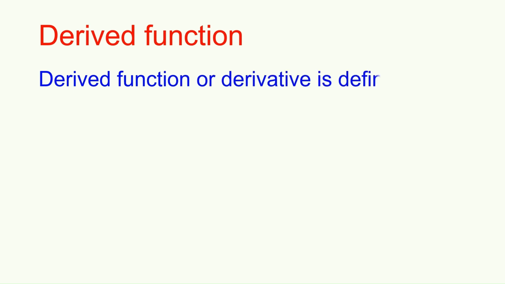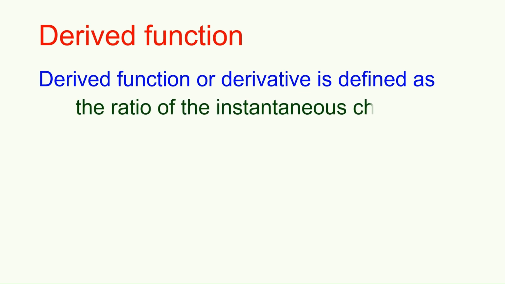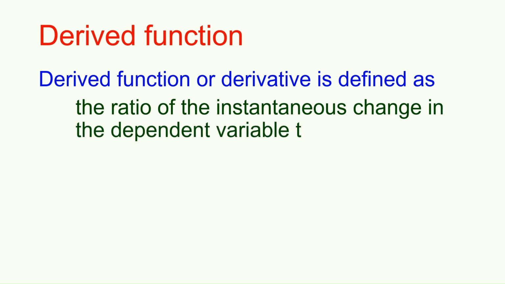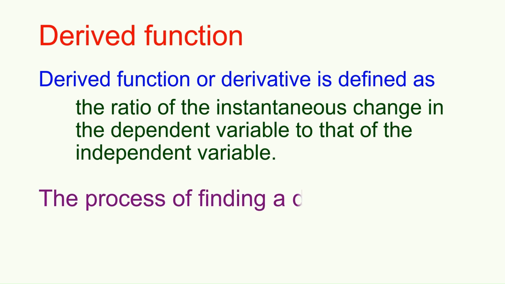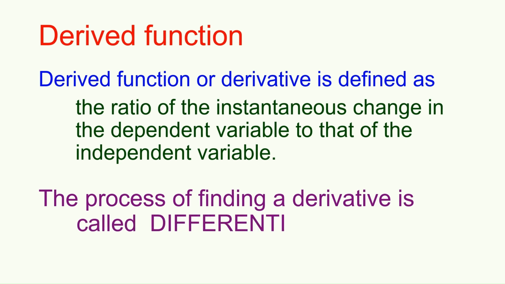Please note, the derived function or the derivative can be defined as the ratio of the instantaneous change in the dependent variable to that of the independent variable. The process of finding a derivative of a function is called differentiation.